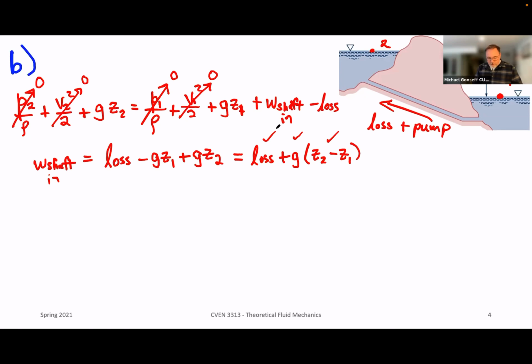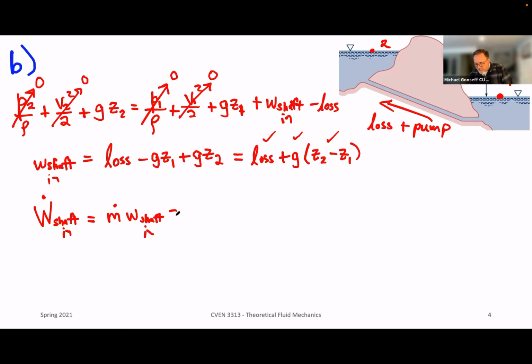However, if we want this to be the pumping power required, remember power, when we're talking about that, that's our capital W with a dot on it. So it's an energy flow rate. So this W dot shaft in is equal to M dot times little w shaft in.